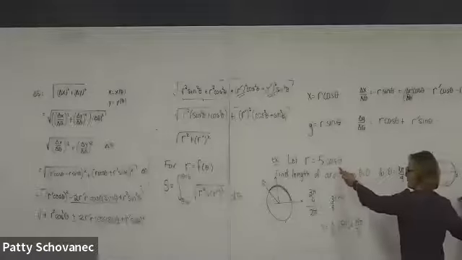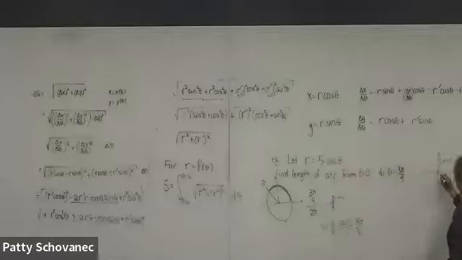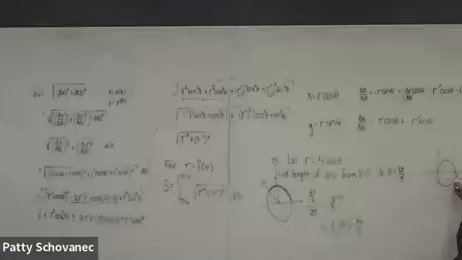Cosine of 3 pi over 4 is negative square root, so that's going to put me back to here. So it's going to give me half plus quarter. It still should be 3/8.